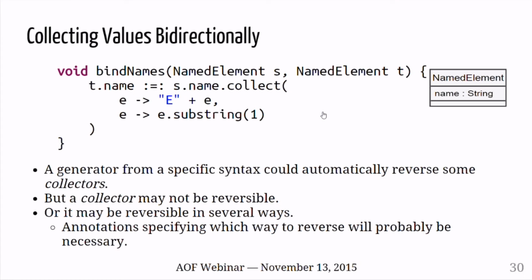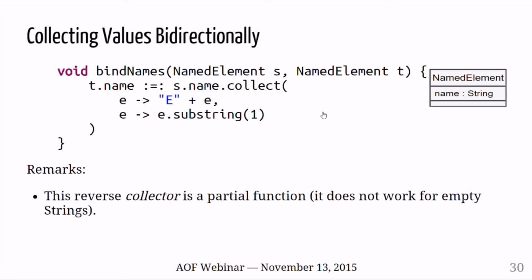Or sometimes it may be reversible in several ways. And in that case, we suppose that the best way to address this at an OCL-like syntax level would be to let the user annotate some kinds of comments or whatever, the code to specify which kind of reverse semantics they want.